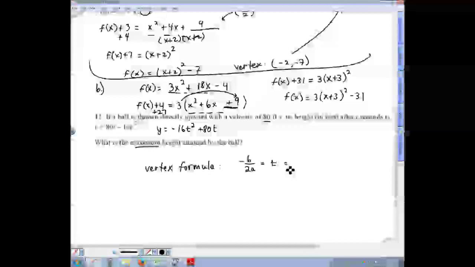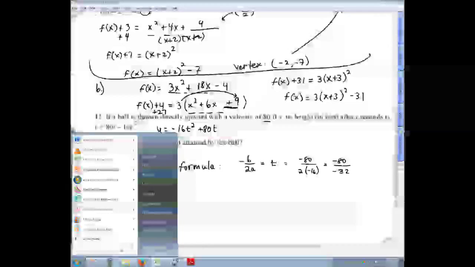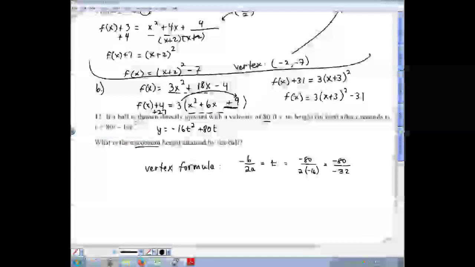So the opposite of b is going to be negative 80, and then 2 times a. Then this would need to be done on a calculator. You'll probably want to use decimals unless you want to keep it as fractions. It's up to you.